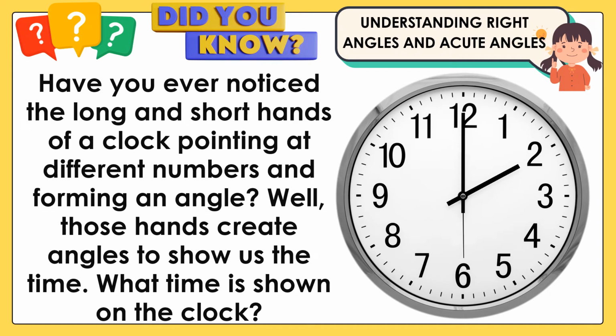Have you ever noticed the long and short hands of a clock pointing at different numbers and forming an angle? Well, those hands create angles to show us the time. So what time is shown on the clock? Correct, it is 2 o'clock.